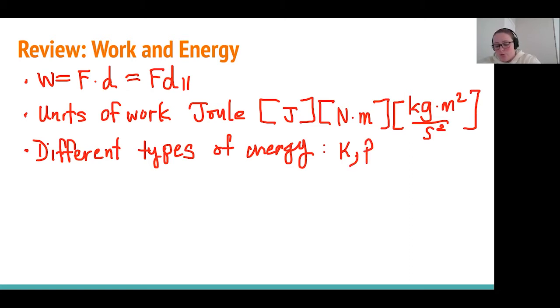We have gravitational potential, which is the energy produced by something having height. Like if you throw a ball in the air, it's got potential energy when it's coming down. And then we've got elastic potential, which is what we call spring energy. Things that inherently have energy, when you pull them further, energy is produced, and that's the spring energy. When we get more into conservation of energy, we'll get further into those. But it's good to keep in mind that energy does exist.